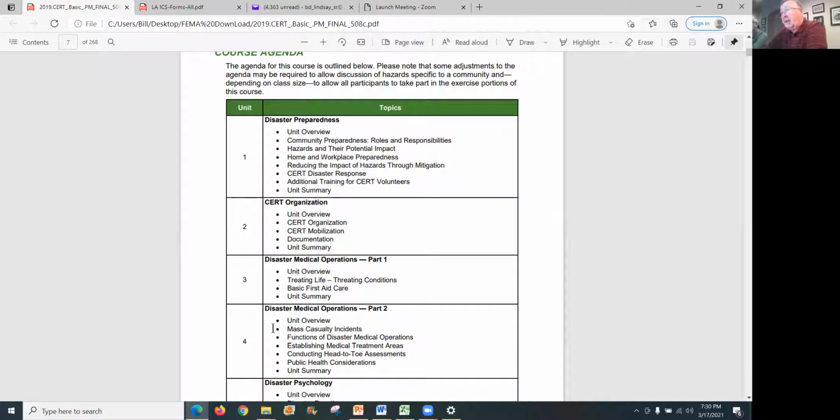When they start to get a little bit behind, they can call for backup or mutual aid from the next cities. And then they can go to county, and then they can go to the state, and then they can go to the federal government. And then it comes back to the state, which comes back to the counties, then back to the city, and then back to you as an individual. I'll show you a summary of that in a little bit.